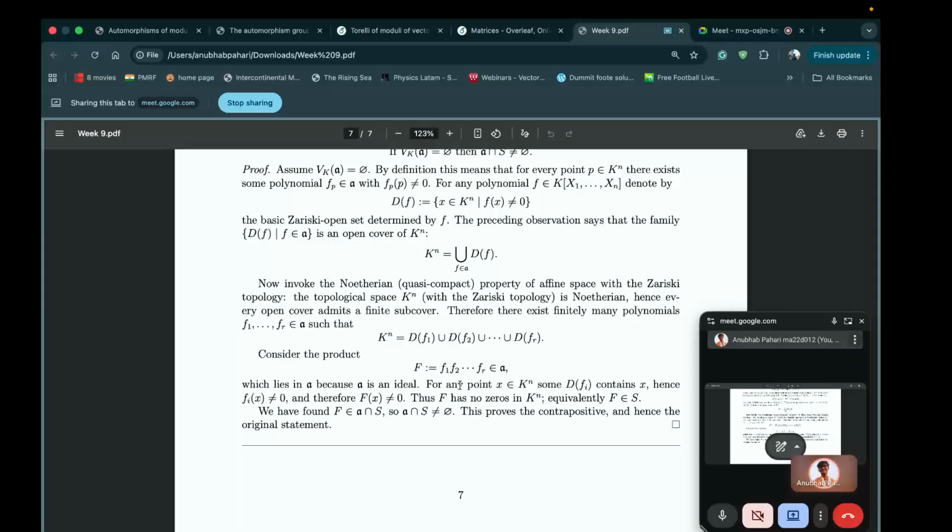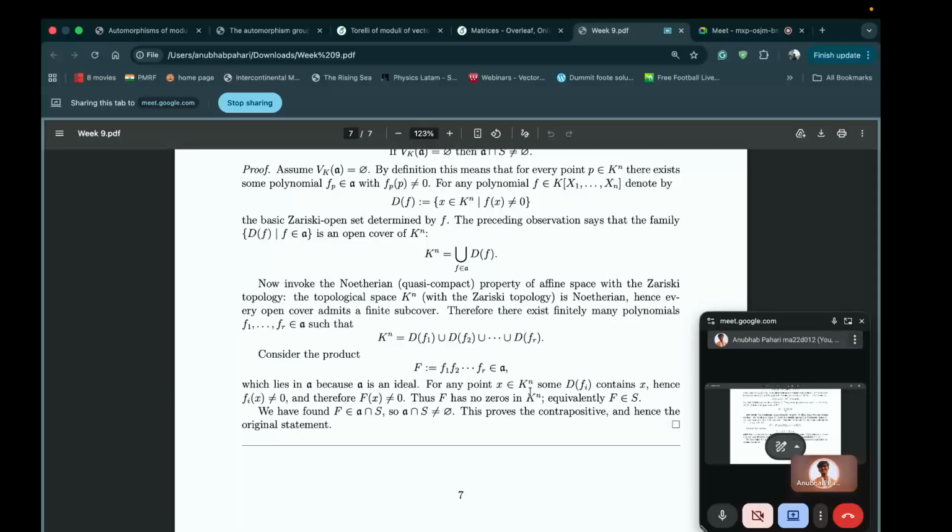Now invoke the Noetherian property of affine space with the Zariski topology. The topological space k to the power n is Noetherian, hence every open cover admits a finite subcover. Therefore there exist finitely many polynomials f1 to fr such that k to the power n equals D(f1) union up to D(fr). Now consider the product f equals f1 times up to fr, which lies in A because A is an ideal.